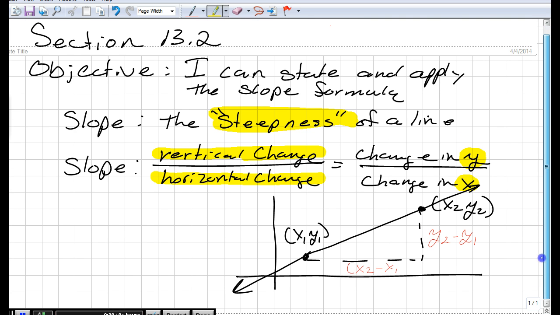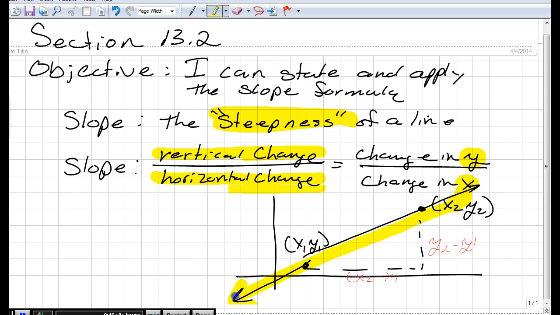And so if I have a line, this line, and I want to know the slope of the line, then I represent that by the change in y, which is represented by this, over the change in x, which is represented by that.